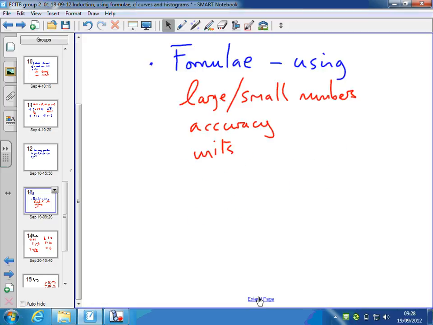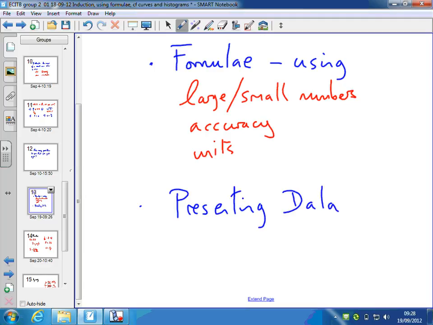We'll have a look at an example, and then we'll have a break, and then maybe do a few questions around that. And then the other thing I want to have a look at today is just to introduce this third assignment, which is to do with statistics. So we'll look at presenting data, and I'll set you off on where to look for this sort of thing.